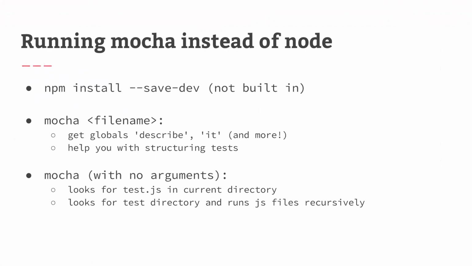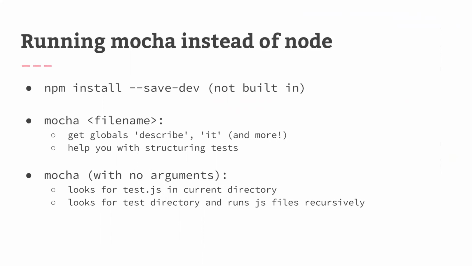Why are we doing save dev instead of just save? Yeah, just to run the app. You're never going to do tests, right? When you go onto the web and you use Facebook, you're not running Facebook's tests, right? You're just using Facebook. It's only developers who are going to be running the tests.